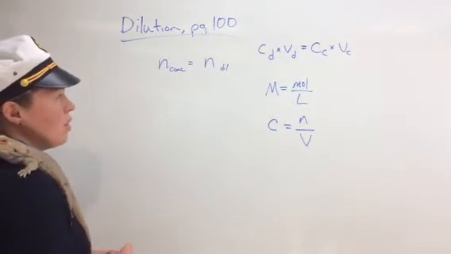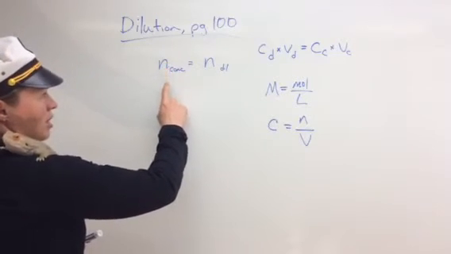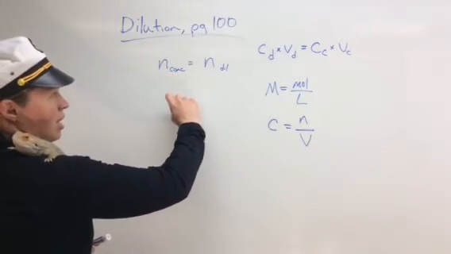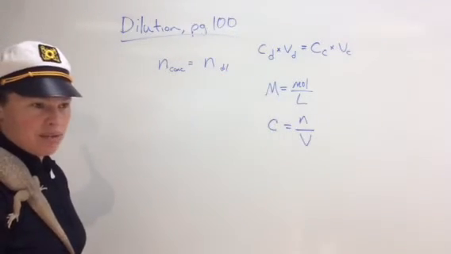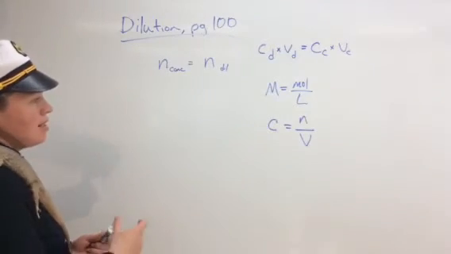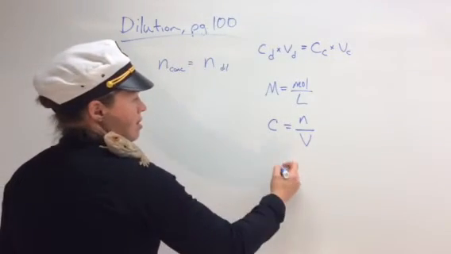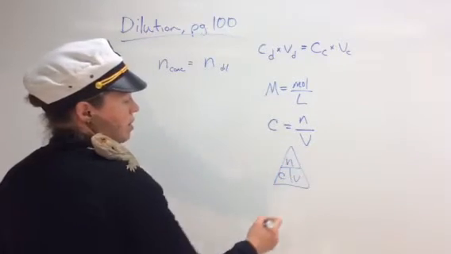So if the number of moles before I diluted it, concentrated, is equal to the number of moles after I diluted it, because really all I did was add water to it, then I can put this in my little triangle, and I can go N is on the top, C is here, V is here.